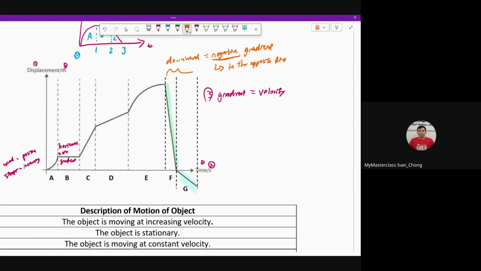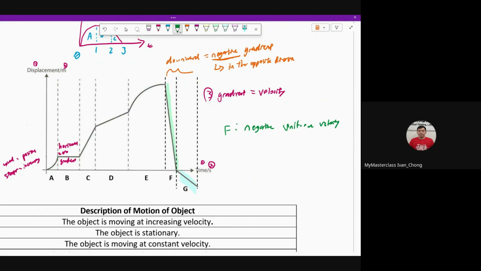So what I mean by this is, for example, if you look at F, normally this is a diagonal straight line, right? What we'll say is uniform velocity. But now, this will give us a negative uniform velocity. For F, you have a negative uniform velocity.